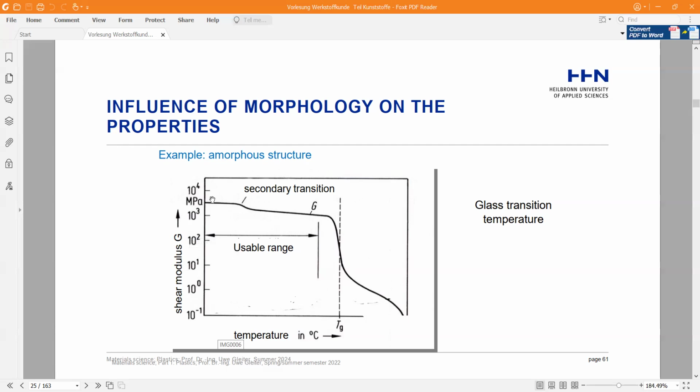In the secondary transition structure, we have a usable range where shear modulus is approximately constant, and at the glass transition temperature Tg, it suddenly decreases.